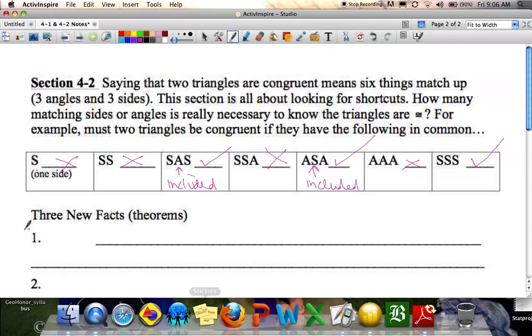So the three new facts are below. Side, angle, side, SAS triangle congruence.